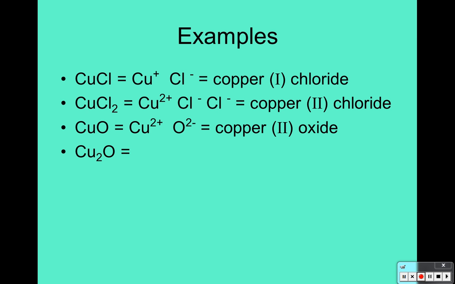So now do Cu2O. The ions you should have gotten are O2 minus and 2 Cus, so Cu plus and Cu plus, and so that is copper 1 oxide, because the Cu is copper 1, even though there's two of them.